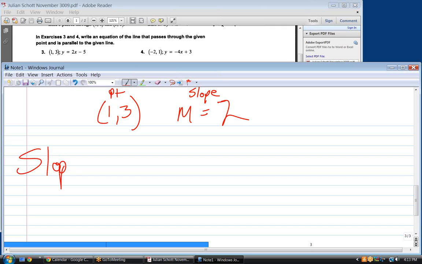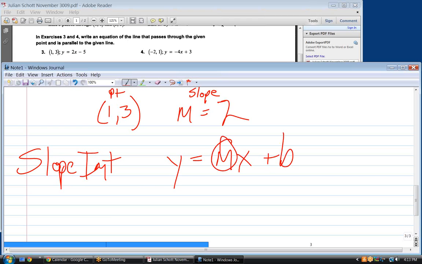Slope-intercept is the y equals mx plus b. That's your slope, that's your y-intercept. So if you can get it into this format, then we could solve. But this is a little different. There's another format called point-slope.